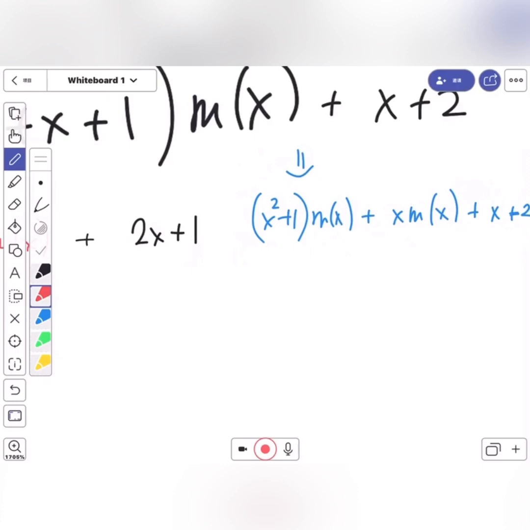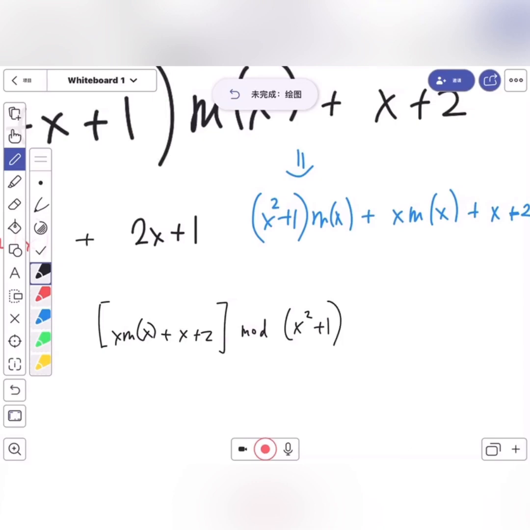So now, this one basically just says that x times m of x plus x plus 2, now this entire thing mod x squared plus 1, must be equal to 2x plus 1. So now we can just subtract this part over there.